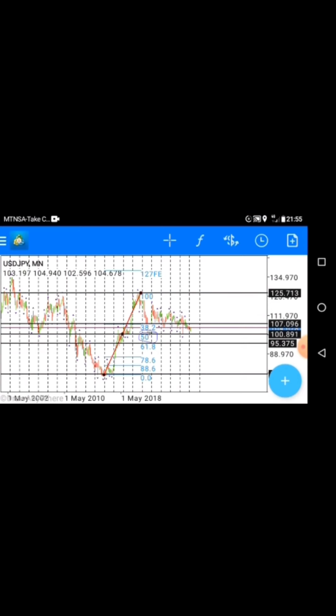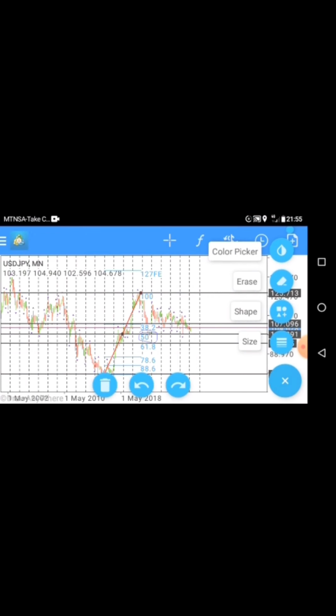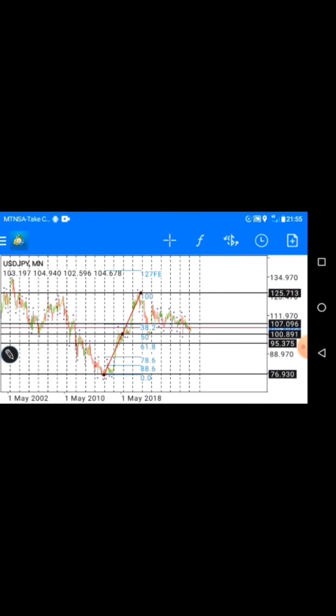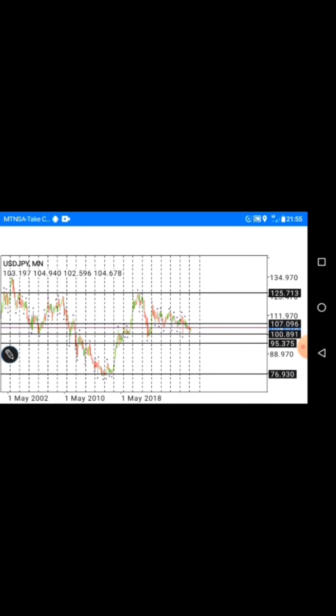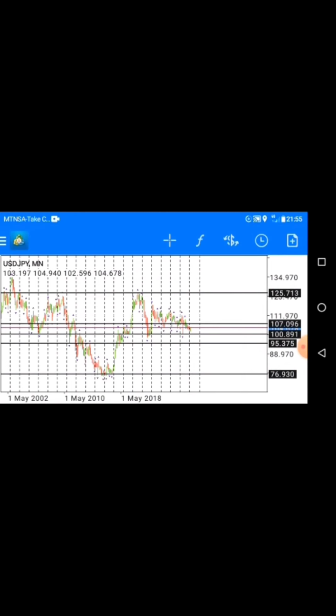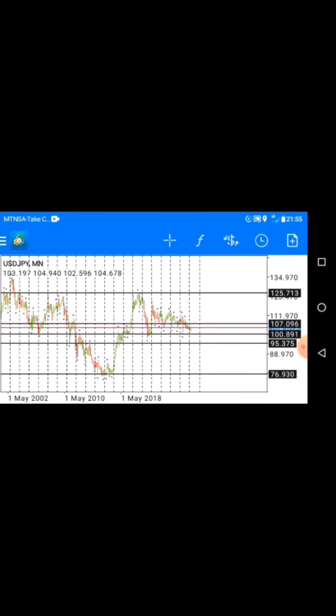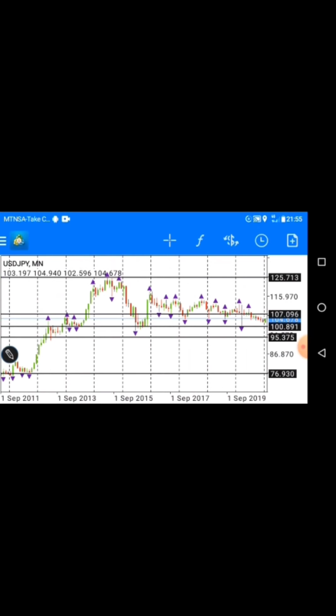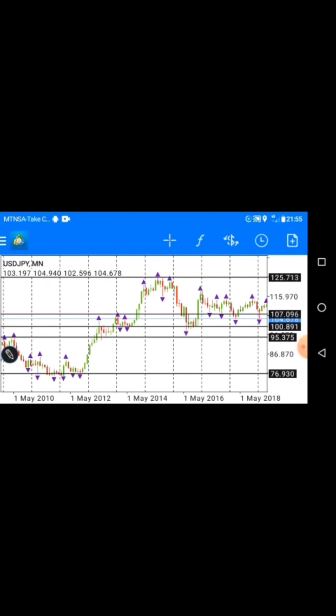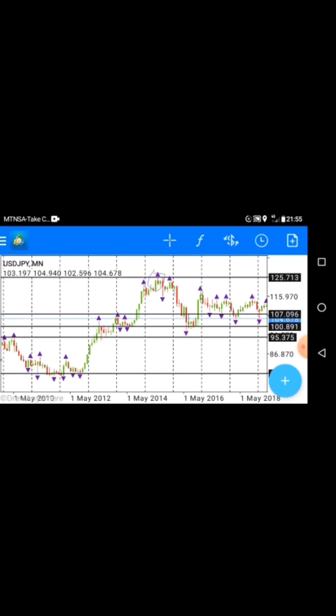Let's say for example, let me just remove this. Let's say you saw this trade here, and you want to actually get into this trade. Let me just quickly zoom it in. Let's say you saw it here, then you want to go in, but you're not sure where exactly you're going to enter, since you saw that it's an uptrend.